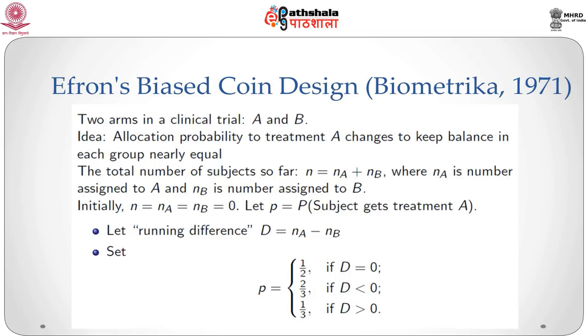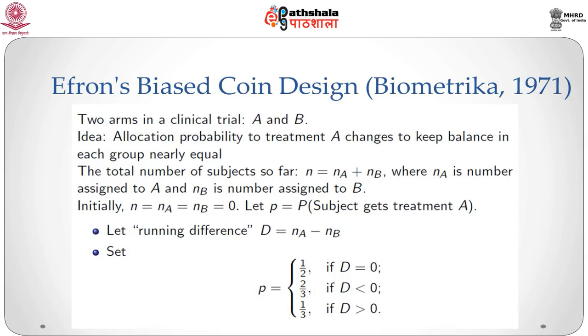Note that NA, NB, D continuously change with each new subject, and so does P. Variants of this design have been proposed, for example, the Wei and Lachin designs, which can be found in Controlled Clinical Trials, 1988.